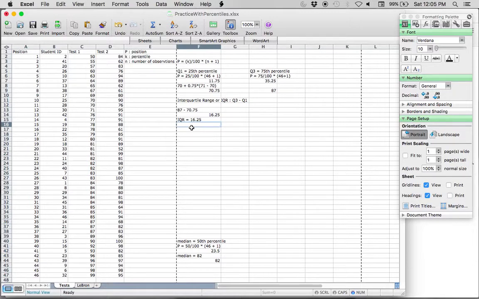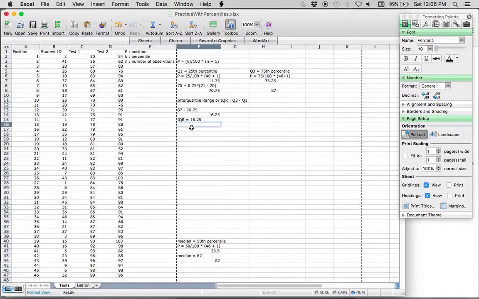Now, if you remember our box plots, some people call them box and whisker plots, the interquartile range is going to be boxed in. And this helps us see how much of the data is in the middle there. What does the distribution look like?